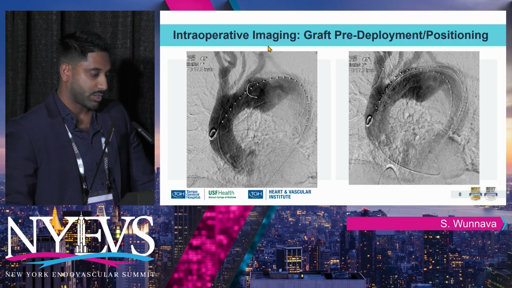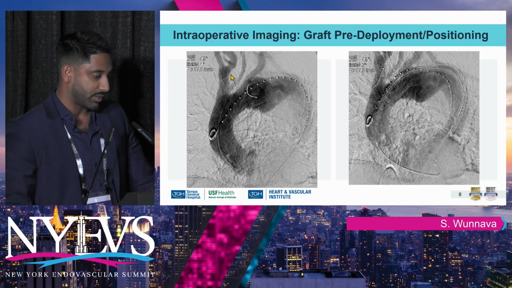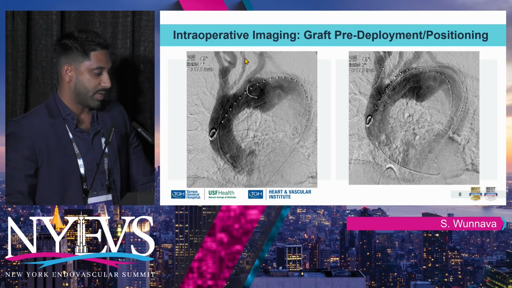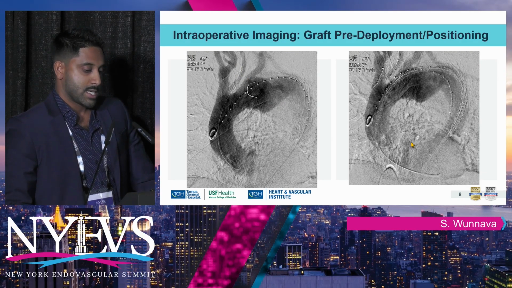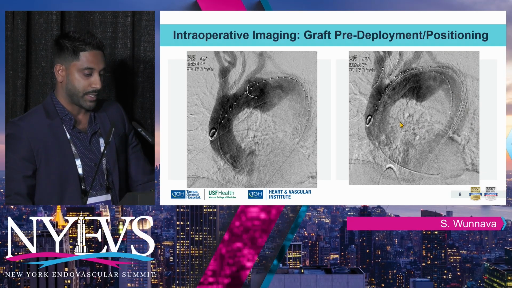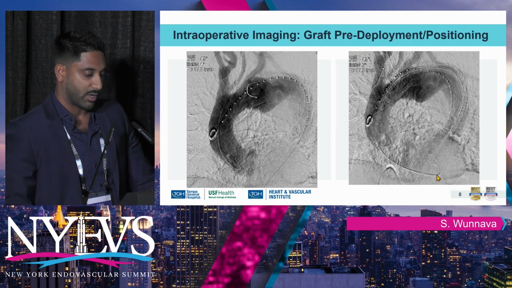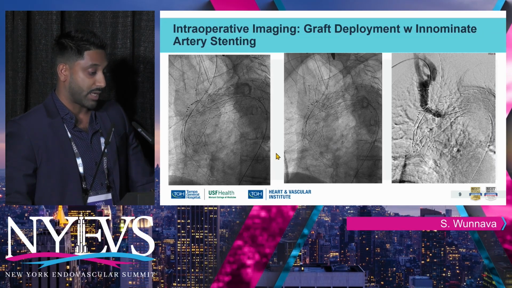And then in our second picture, you can also see we had gotten right brachial access, so you can see the Ansel sheath here parked in the proximal innominate, and the retrograde carotid sheath parked in the proximal left common carotid. The second picture is just positioning of our graft before deployment. You can see here it's zone 0 over that Safari wire that's through the valve, and again those catheters and sheaths that we talked about.